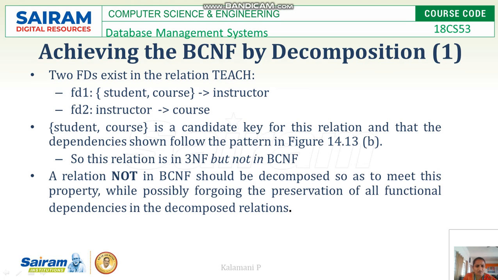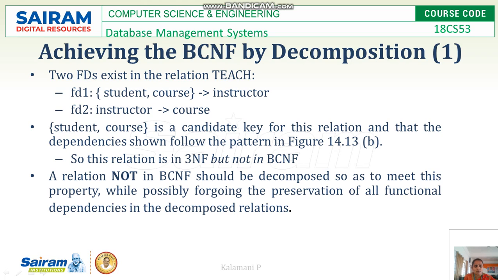Here FD1: if we know the student and course, we can find the instructor. If we know the instructor, we can find the course. Here the instructor is not a super key, but it defines course, which is part of the key, a primary attribute. So this relation is in 3NF but not in BCNF. This is the condition you should know.